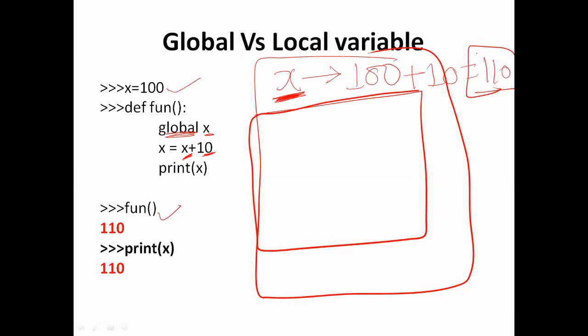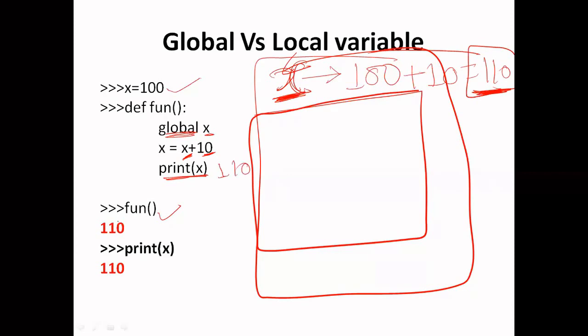And now this variable x will be bound to this new object 110. So when the control comes to this point, the answer will be 110.